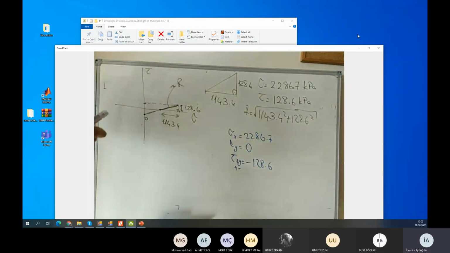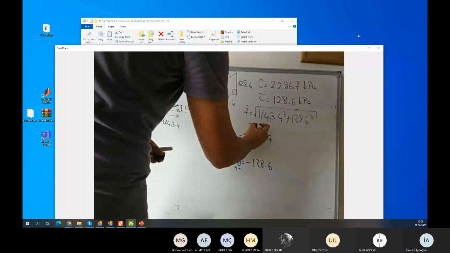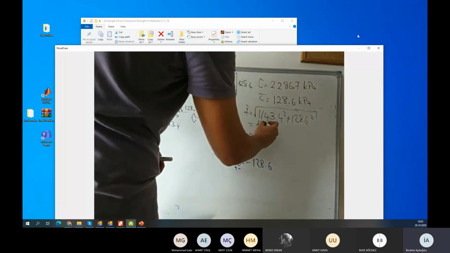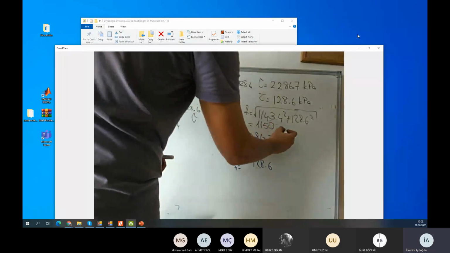These terms, okay. And after calculating, I need a calculator. This is 1150.6.